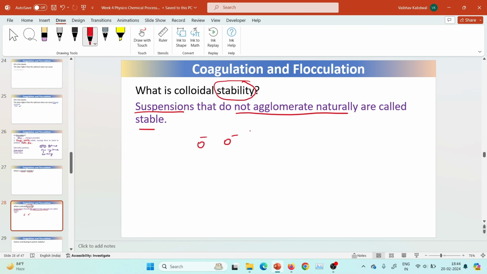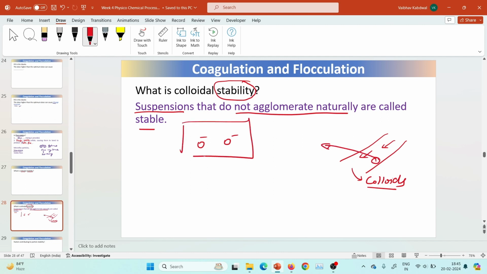Let's say a river is coming and it has some colloids. I am taking a sample from this river water and magnifying it here. It has two charged particles. They do not agglomerate naturally. So this suspension is called stable.